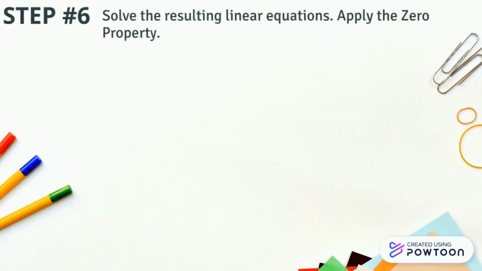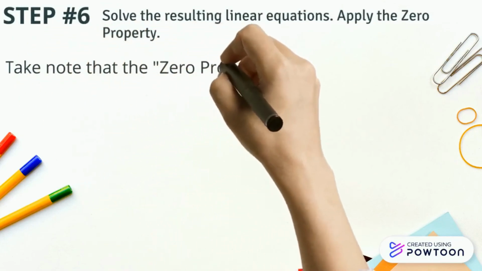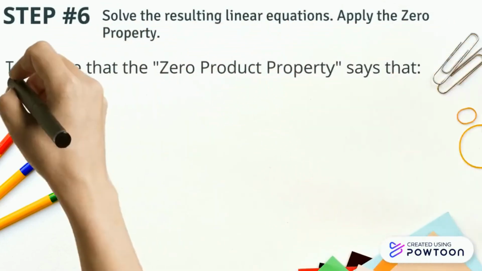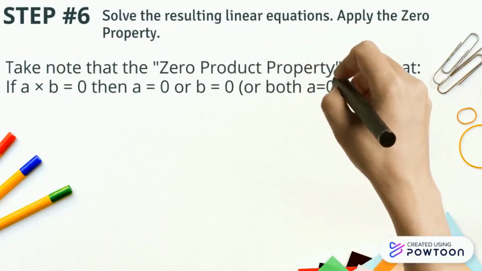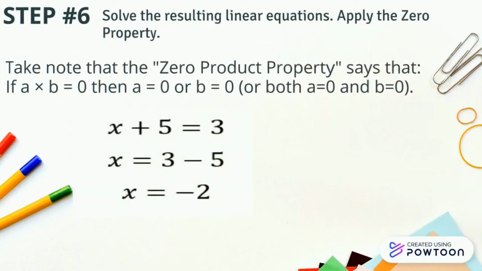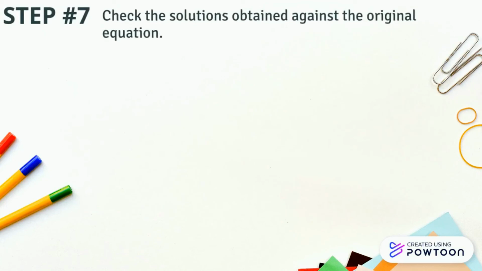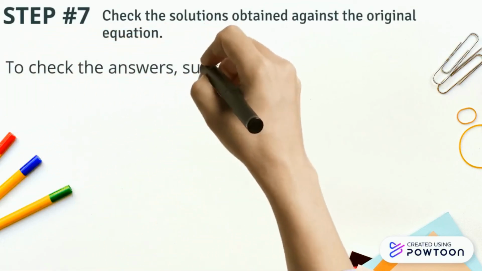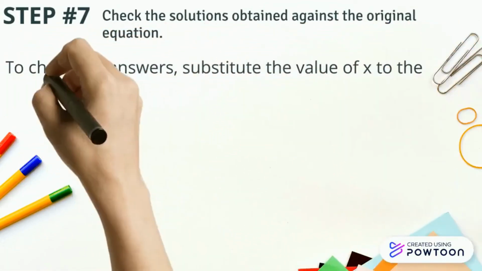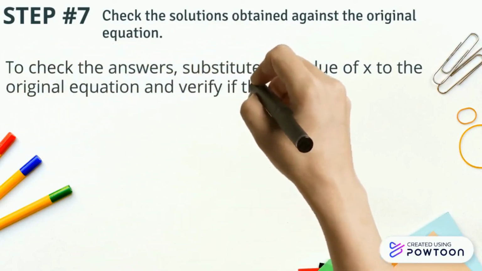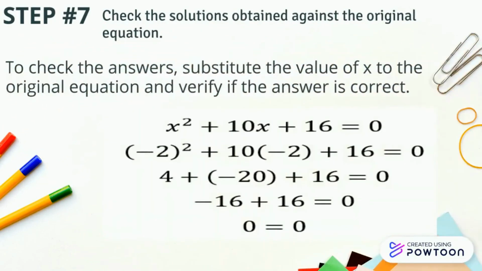Step number 6. Solve the resulting linear equation. Always remember to apply the zero product property. Step number 7. Check the solutions obtained against the original equation. To check the answers, substitute the value of x into the given equation and verify if the answer is correct.